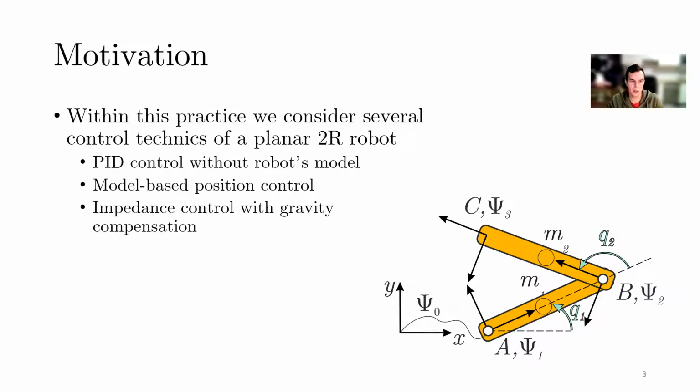Before I start, I need to say that this is the first part of the second practice task. We can finish it only when we have a lecture about contact modeling, because impedance control is used if we need to perform a contact with an external object, with the environment.